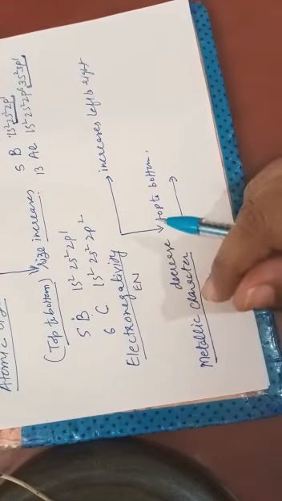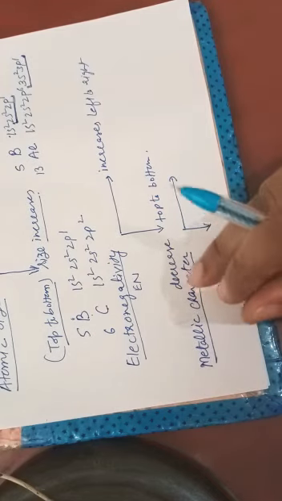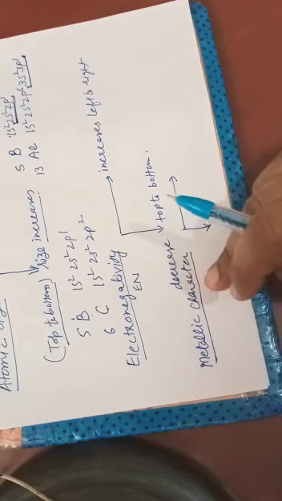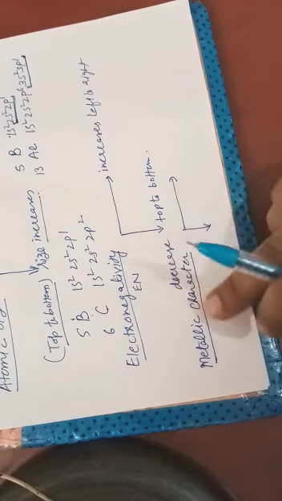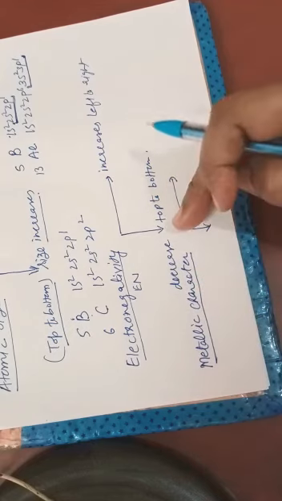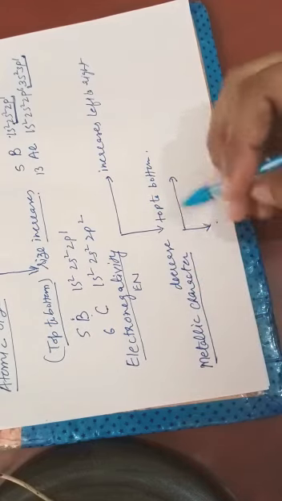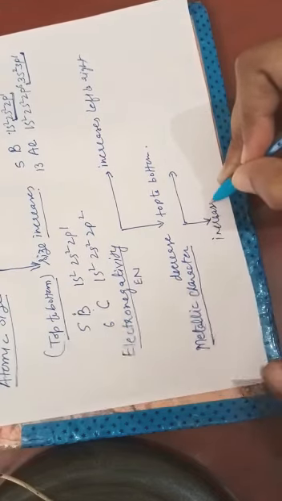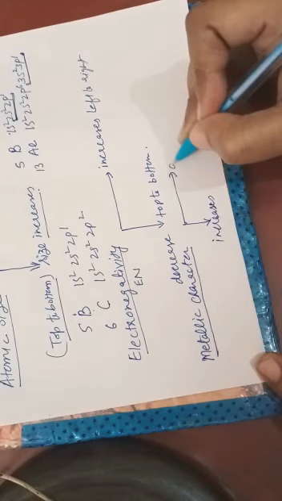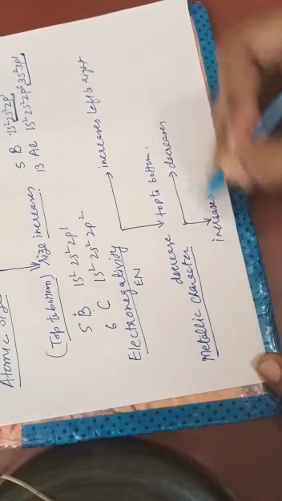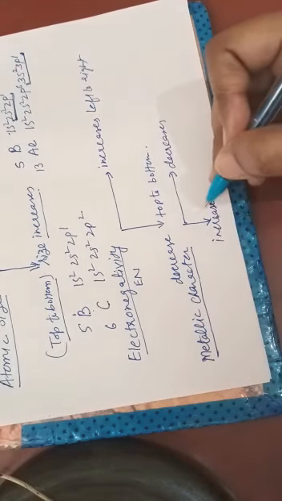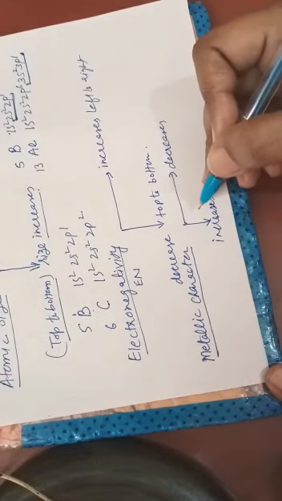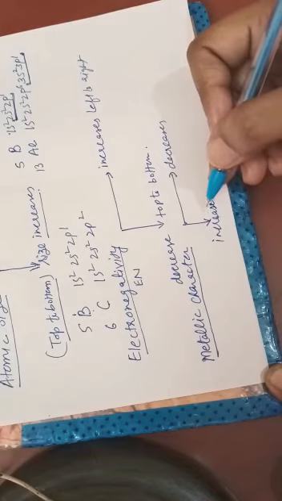If the tendency to lose electrons increases, metallic character increases. When we move from top to bottom, it increases because the number of shells increases. That's why top to bottom the tendency of losing electrons increases, because effective nuclear charge decreases.